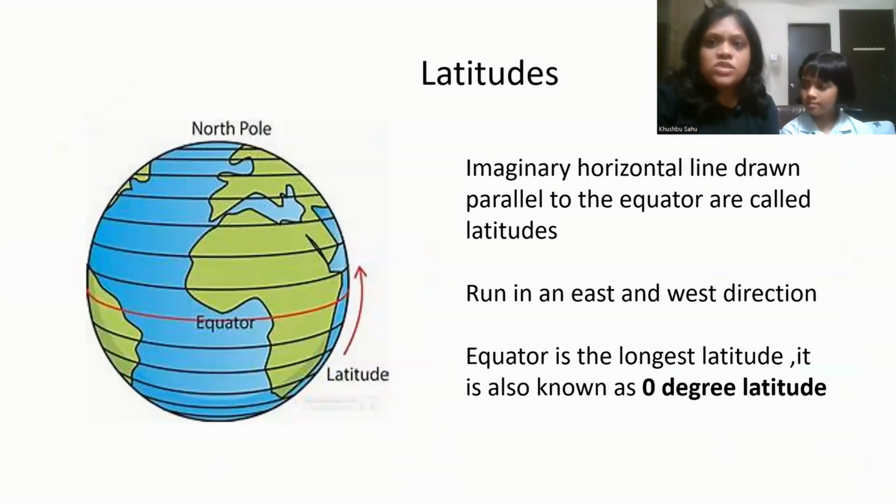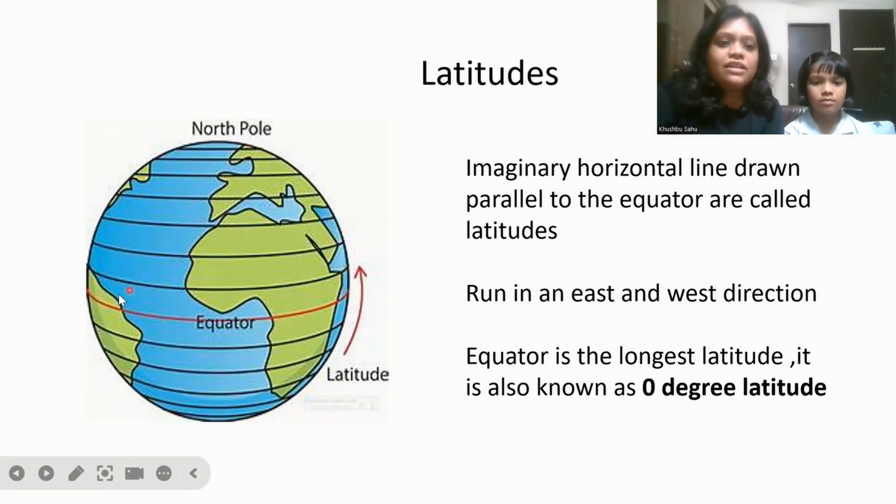Now, the most important part. What are latitudes? Advika, can you tell us in a simple way what latitudes are? Imaginary horizontal lines drawn parallel to the equator are called latitudes. Right. So kids, as you can see, our Earth, and this is the equator, correct?